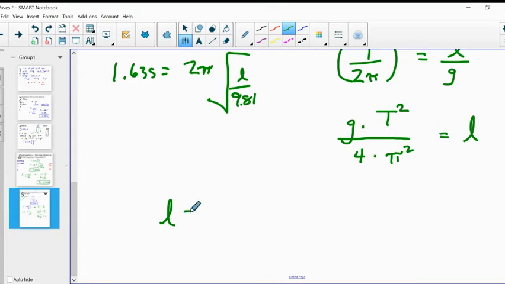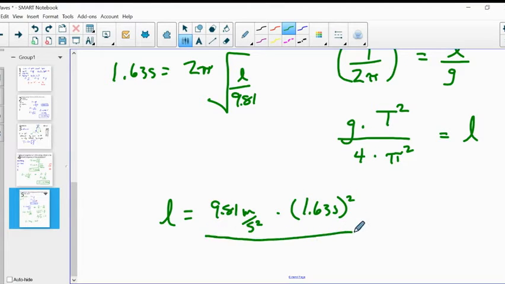So my length here is g, 9.81 meters per second squared, multiplied by T, which here was 1.63 seconds, squared, divided by 4 pi squared. Be careful with your BEDMAS order of operations.